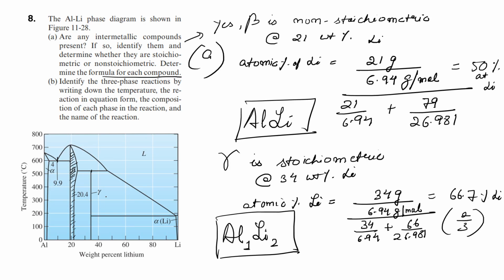So at 600 degrees centigrade, we have a eutectic point, right? So liquid transforms to alpha plus beta.